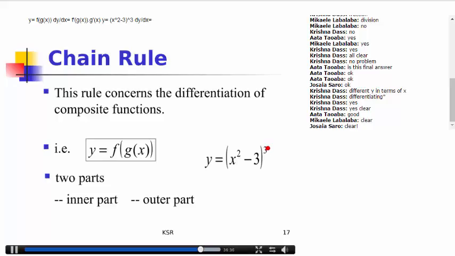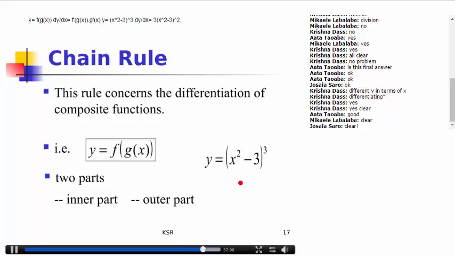So I'll bring 3 in front and do 3 minus 1, so it will be 3 times (x squared minus 3), leaving this inner function as it is, to the power 2, because it will be 3 minus 1 here.